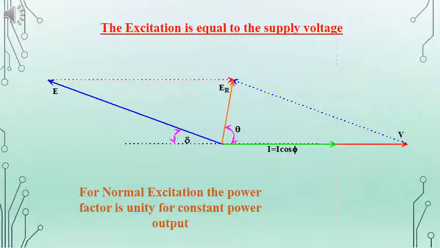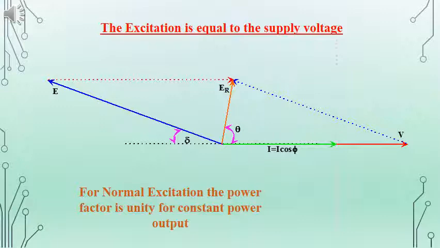For all the analysis, we consider the load angle delta to be constant, and the angle theta, that is the angle between the resultant voltage ER and I, to be constant. That is the impedance angle. Since V and E are equal in magnitude, we consider it to be the normal excitation condition.